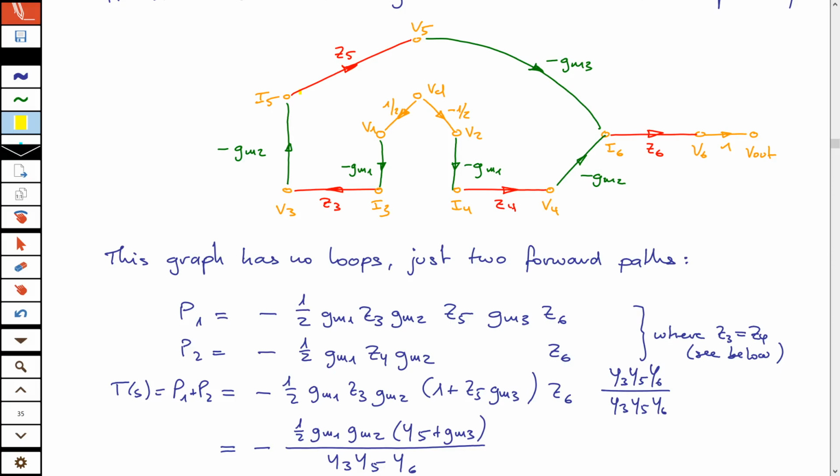The low pass filter would be omega p divided by s plus omega p. So that's it.